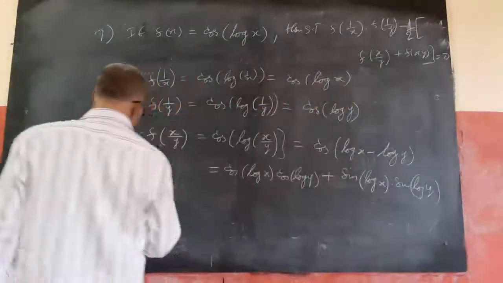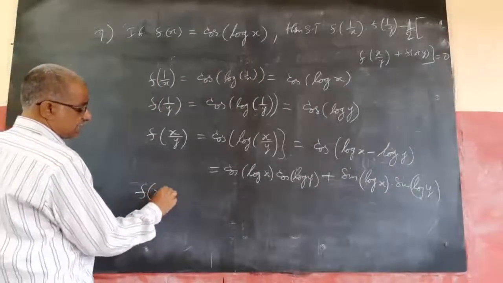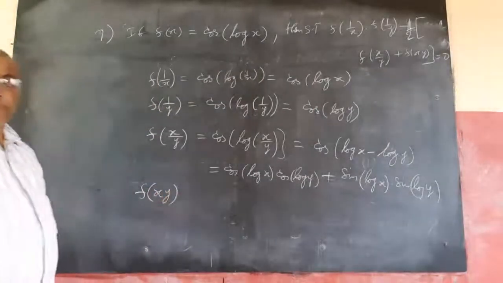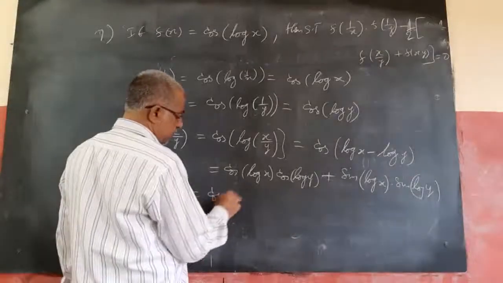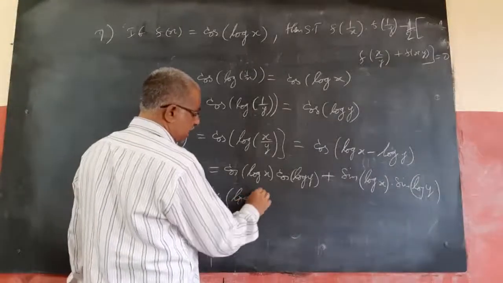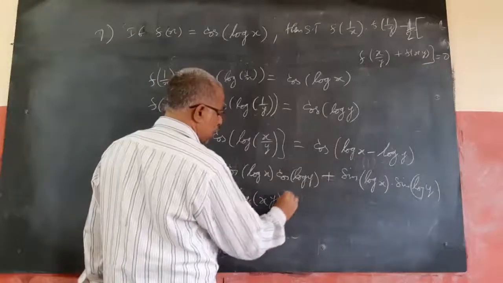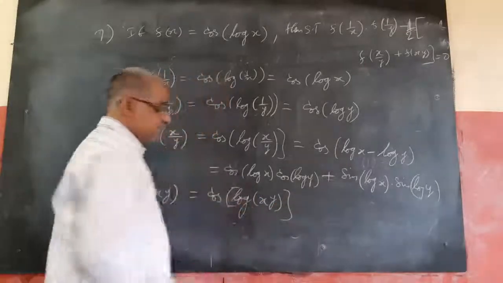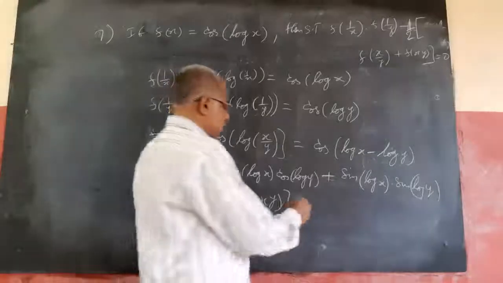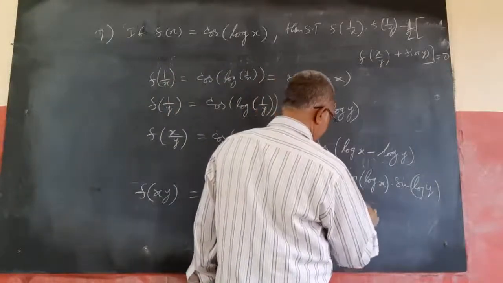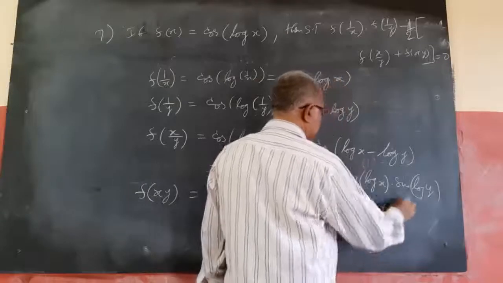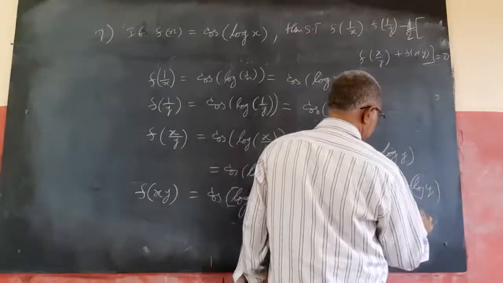Next, f(xy) is cos(log(xy)). Now log(ab) means log a plus log b, so it becomes cos(log x + log y).